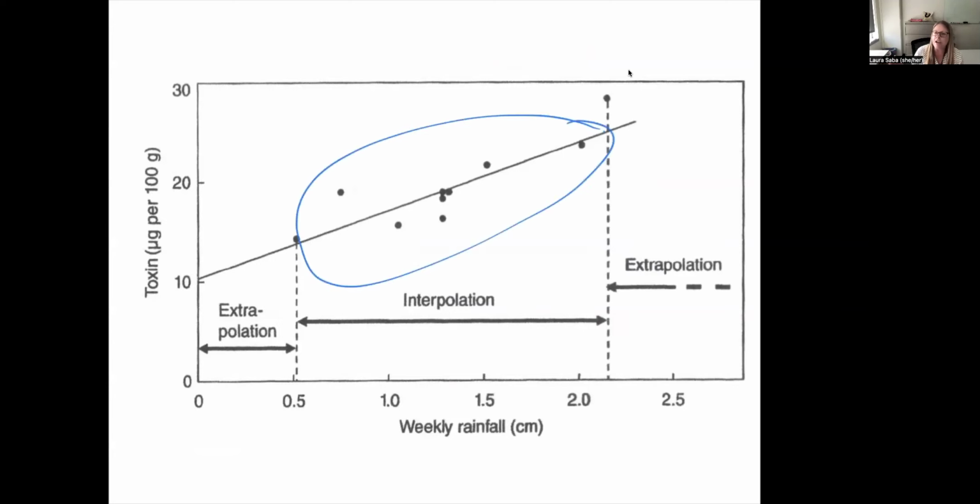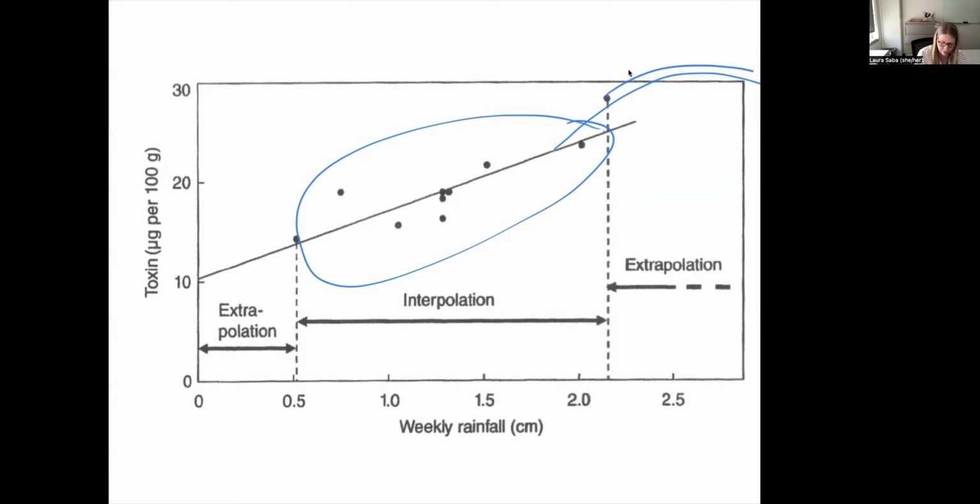So we feel pretty confident doing prediction in this area because those are the values that we base that linear assumption on, right? We get into a little bit dangerous territory with extrapolation because we don't know how that line or how that data behaves beyond what we saw. We could assume that maybe this would at some time plateau, that we couldn't get more toxin in our nut than the weight of the nut, right?